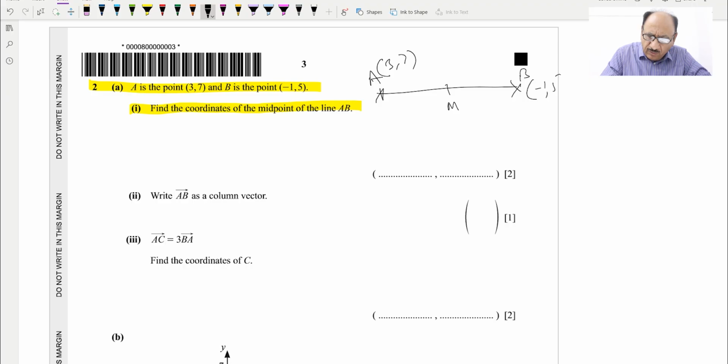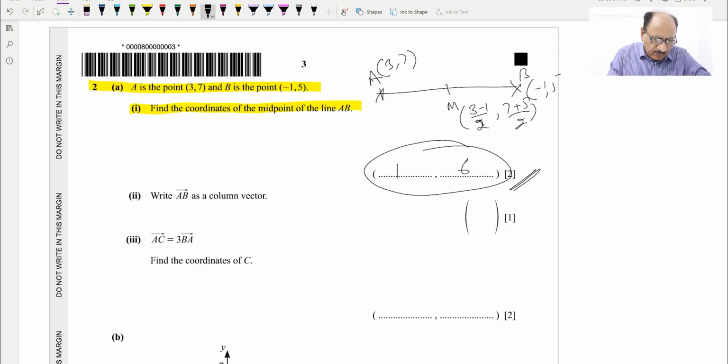So for M we will add the x coordinates 3 and -1 over 2, and for the y coordinate 7 plus 5 over 2. So 3 minus 1 is 2, 2 over 2 is 1, and 7 plus 5 is 12, 12 by 2 is 6. So (1, 6) will be our answer for 2 marks.